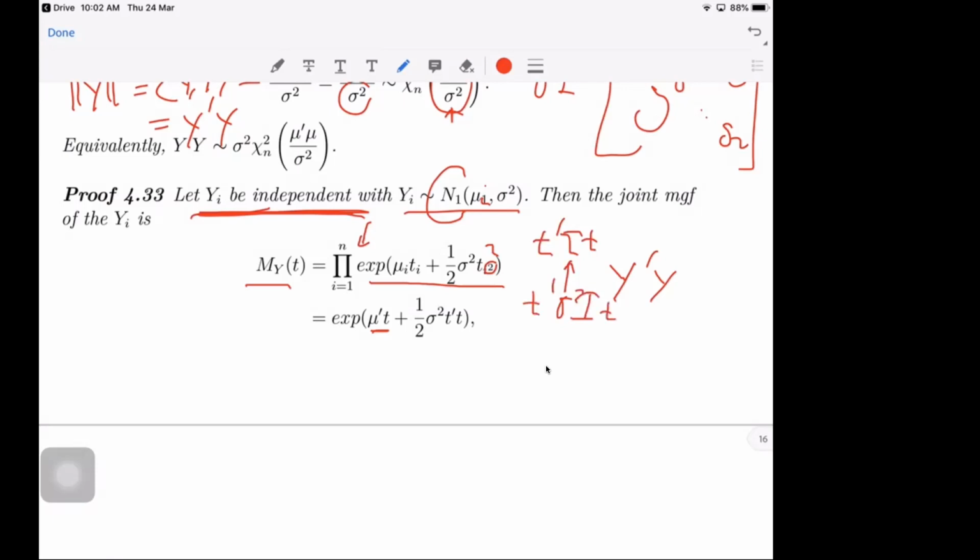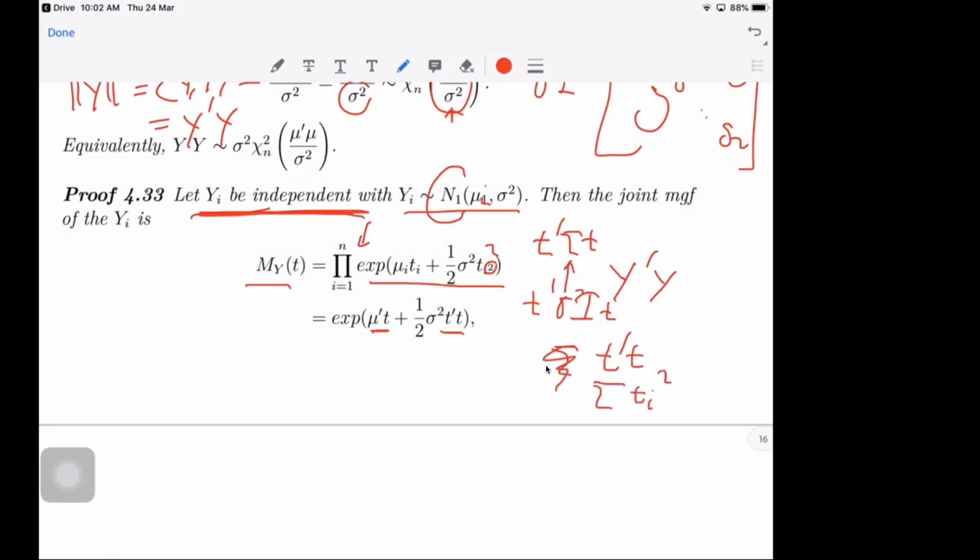If individual, t prime t is the summation of ti squared.